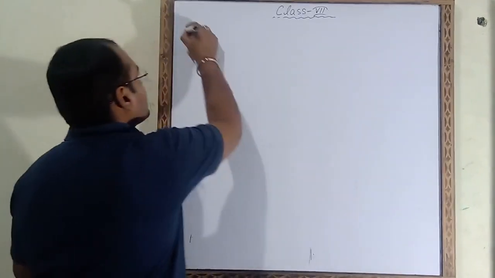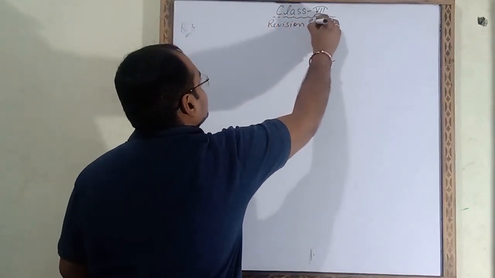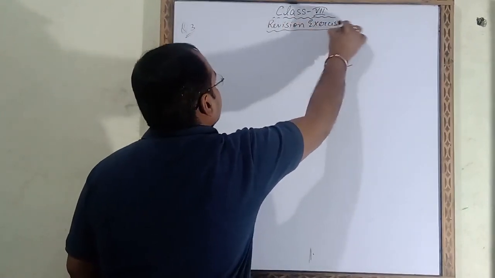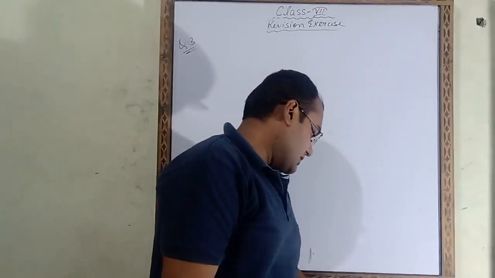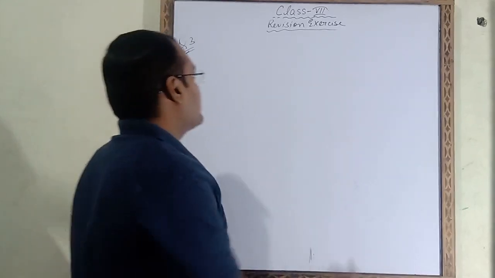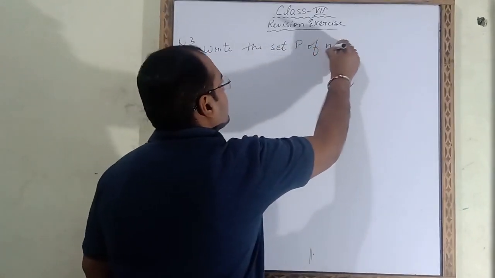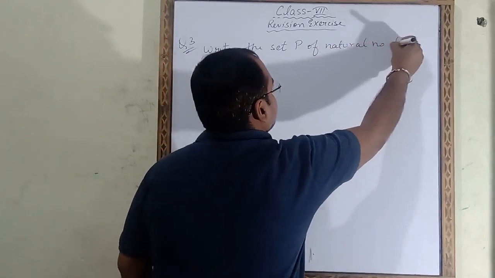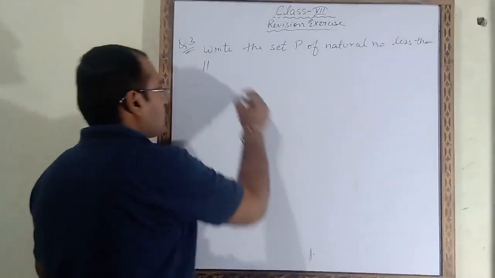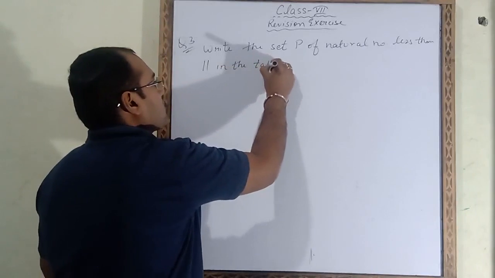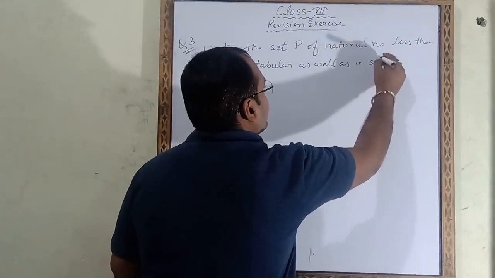Question number 3, revision exercise. The question is: write the set P of natural numbers less than 11 in the tabular as well as in set builder form.